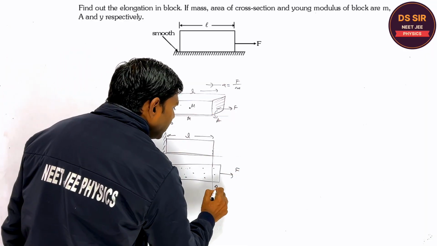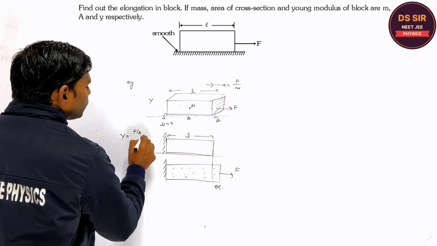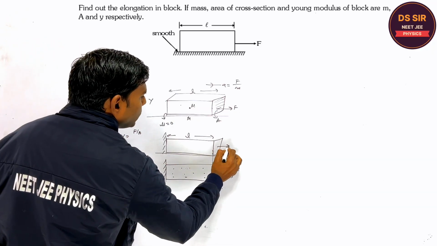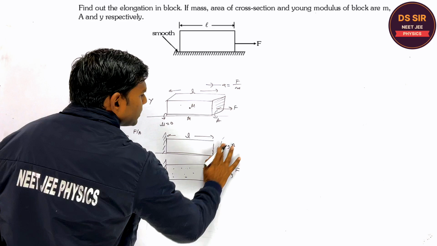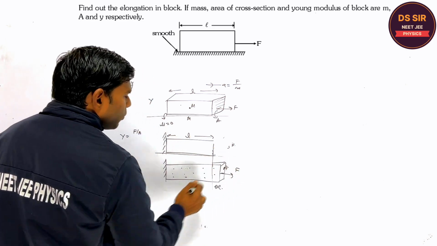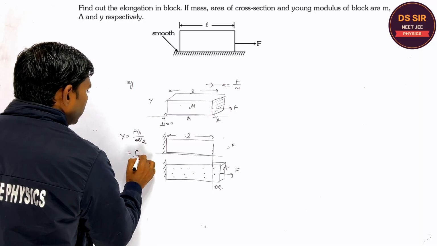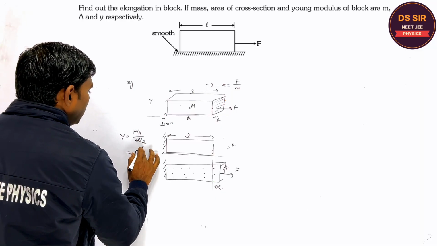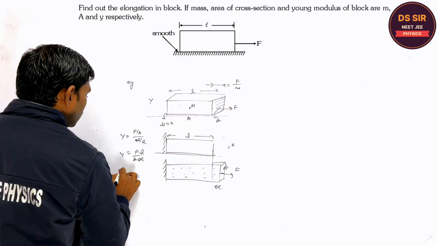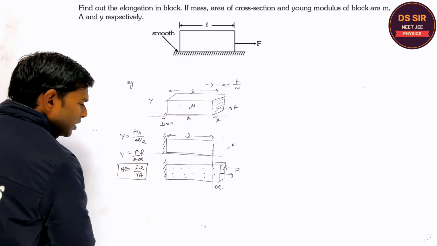So what is the delta L you will find? How to find? Young modulus is equal to stress upon strain. The area you can assume to be A, and this is the force F. Stress is F upon A, strain is delta L upon L. So F upon A equals Y into delta L upon L. So delta L is FL upon YA. Is it clear or not, you tell?